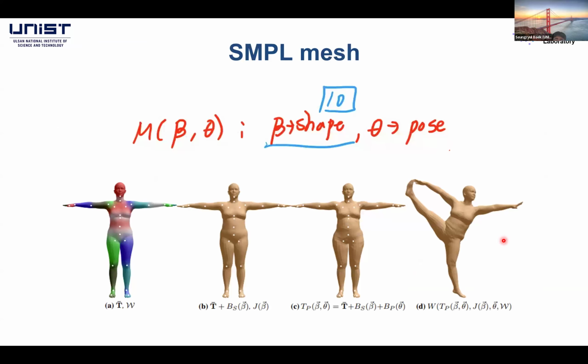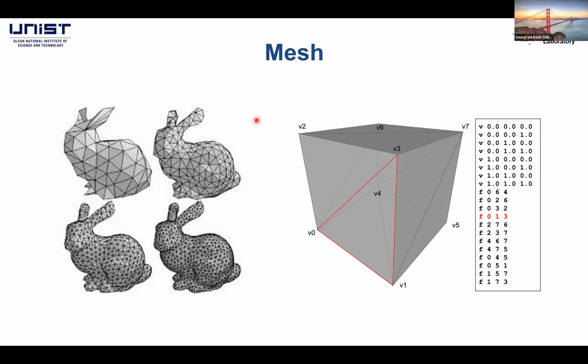But when given this mesh, it is somehow static. We cannot easily control this rabbit to change its pose or shape. It is not trivial in this format. If we change the value of a vertex, then abruptly this vertex changes to some other coordinate in the 3D space.